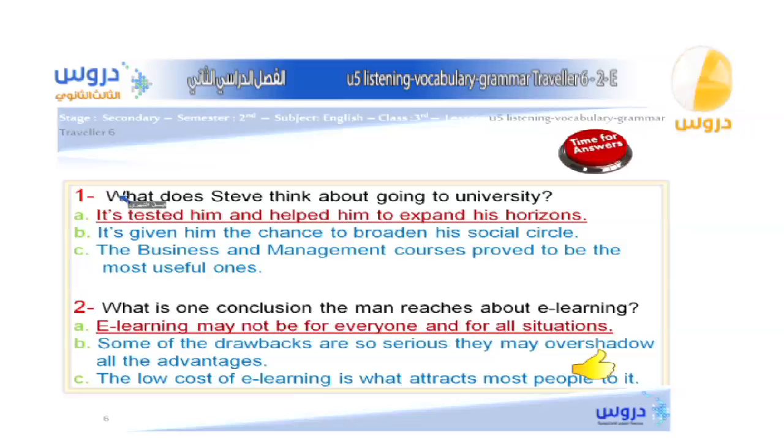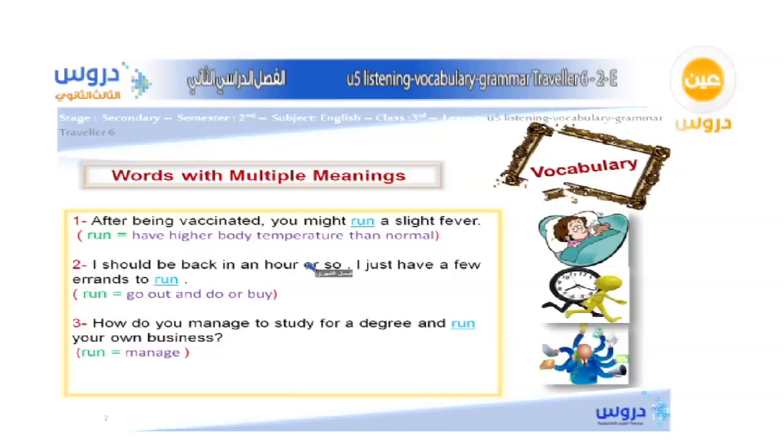So number 1, it tested him and helped him to expand his horizons. And number 2, e-learning may be for everyone and for all situations. Well done, Isra. Good try. This is the first exercise.